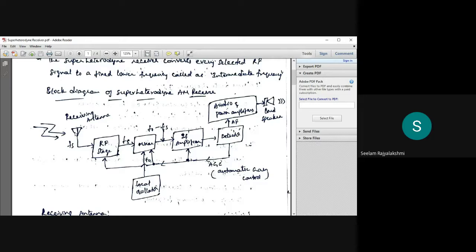Here this is the receiving antenna. First we will discuss the receiving antenna. The amplitude modulation signal is transmitted in the form of electromagnetic waves.